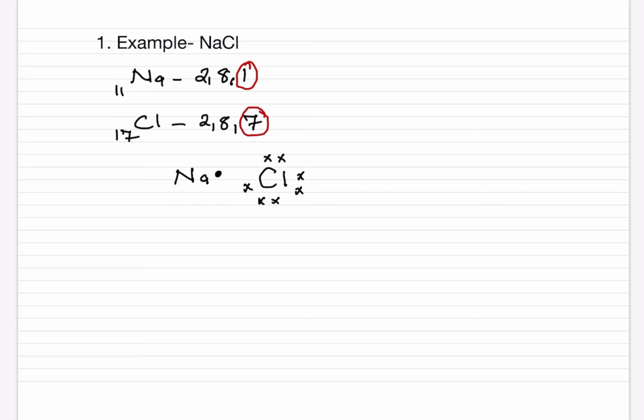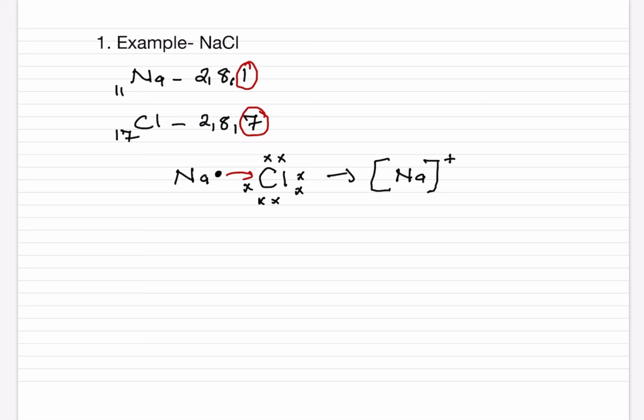Now we can show this transfer of electron from sodium to chlorine. This arrow shows you the direction of the transfer of electron from the cation sodium to the anion chlorine. Further, we can enclose sodium in a square bracket showing a positive sign there.